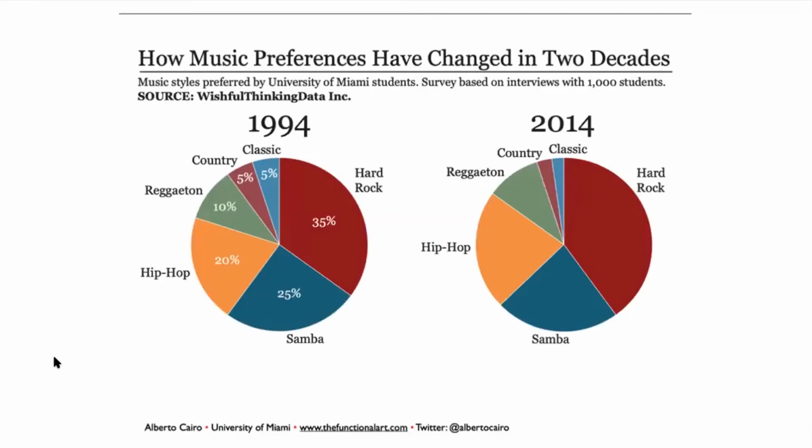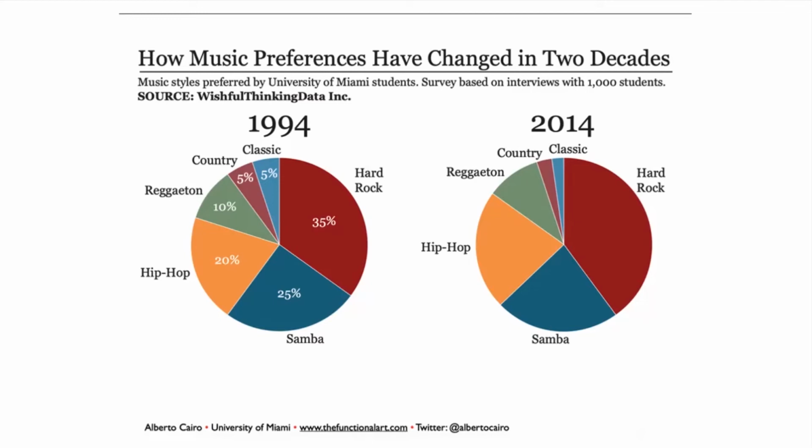So this is an example of a couple of charts exploring how music preferences have changed in two decades. This is an imaginary data set, just to use as an example. In this imaginary data set, students from a university were surveyed in 1994, and then students were surveyed in 2014 and asked about their music preferences.